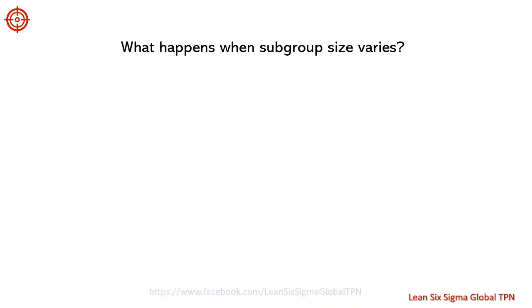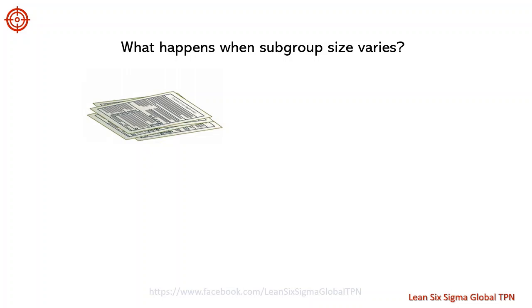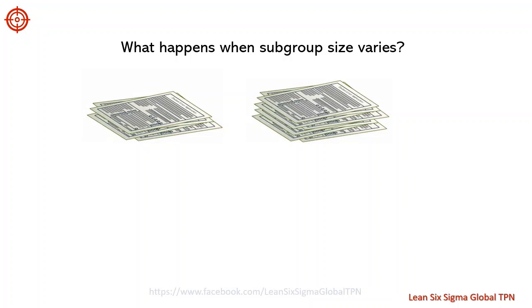Okay, so far we looked at subgroups that have equal size. There are many processes, however, where subgroup size varies. A bank collected data on the time it takes to process loan applications. Suppose they sample 5% of the applications they receive each week. The number of applications varies from week to week, so the subgroup size varies as well.